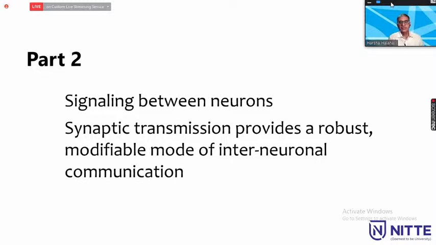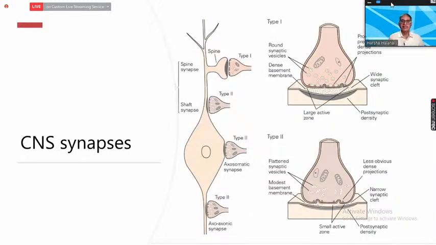I'm going to spend just about 5 minutes on part 2, signaling between neurons, where we will look at synaptic transmission, which provides a robust and modifiable mode of interneuronal communication. So we'll quickly look at CNS synapses.